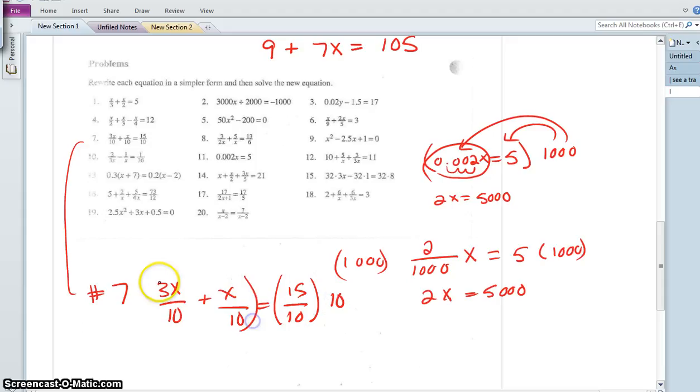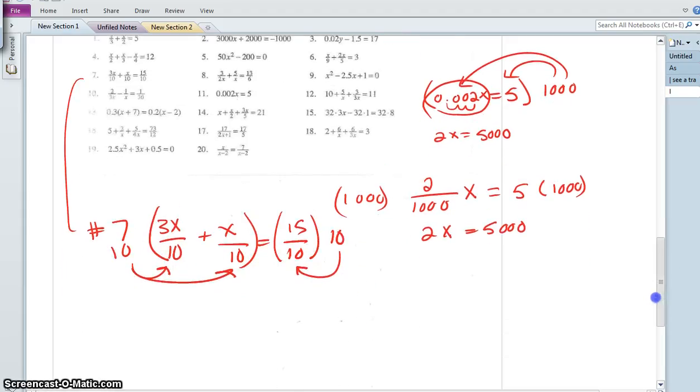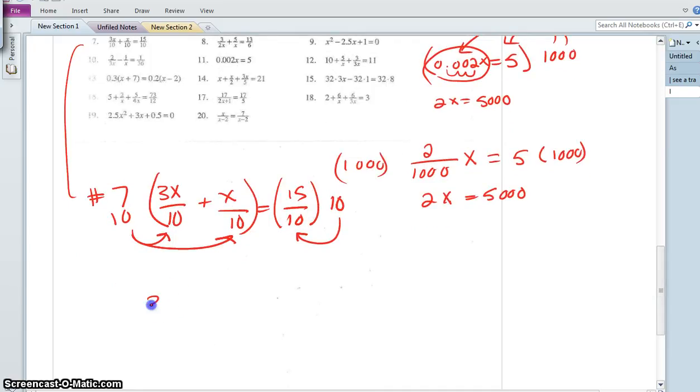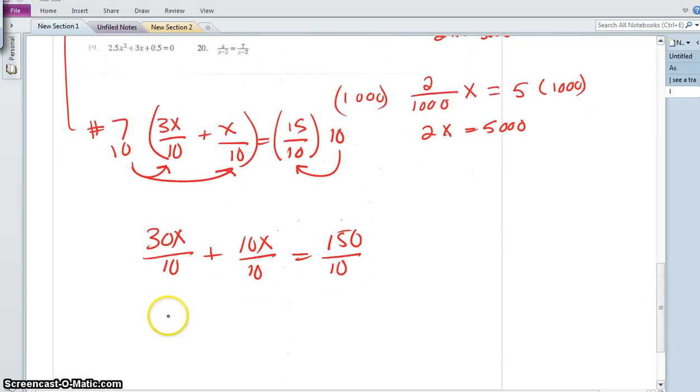If I multiply each of these terms by 10, I have 30x over 10 plus 10x over 10 equals 150 over 10. Each of these is reducible. 30 divided by 10 is 3x. 10 divided by 10 is x, or 1x. 150 divided by 10 is 15.